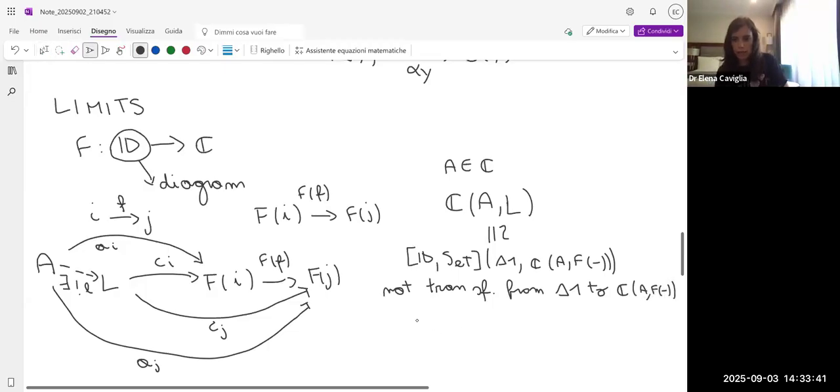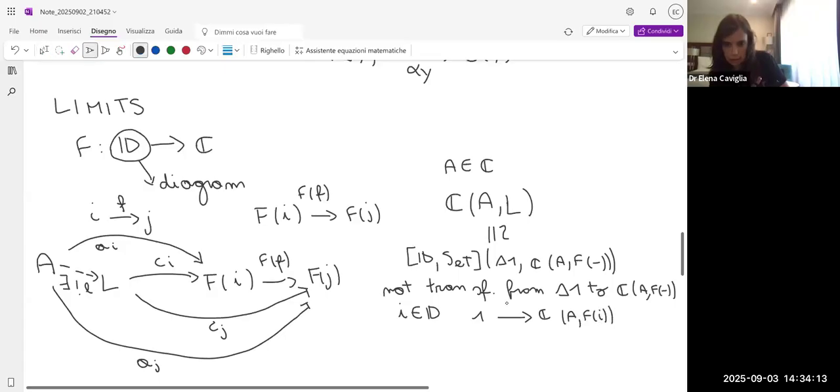What are the components? The components are indexed in D. So for every i in D, we will have a component, and it must go from 1 to C(A, F(i)).